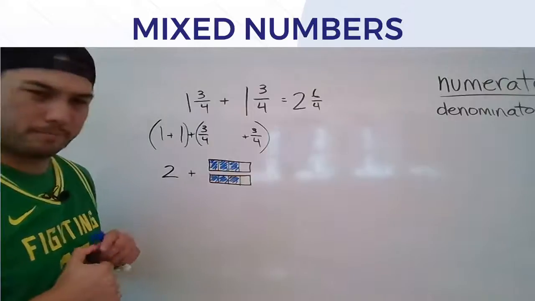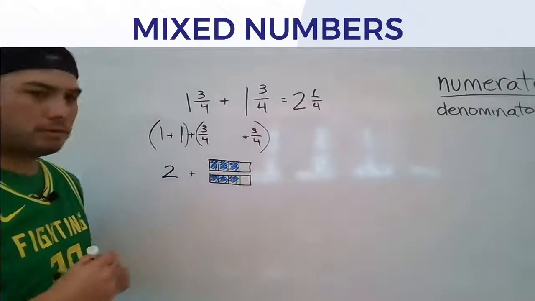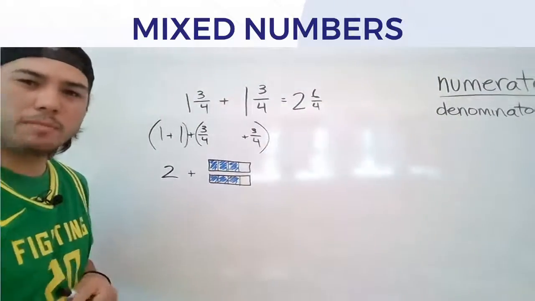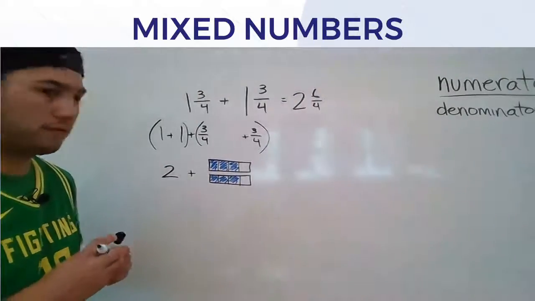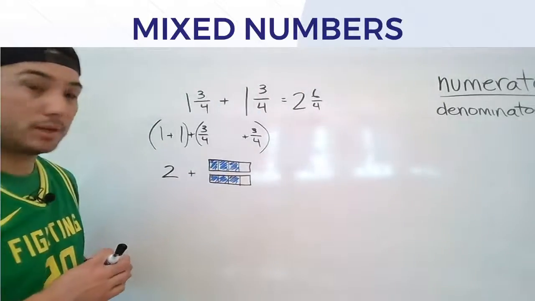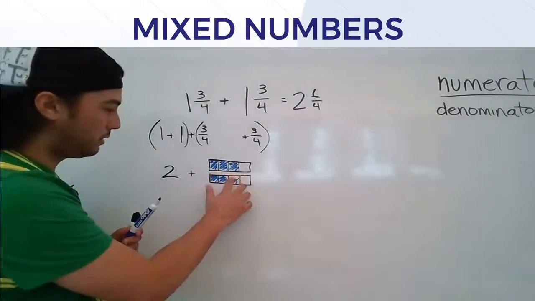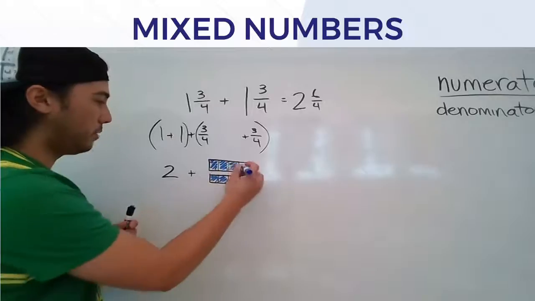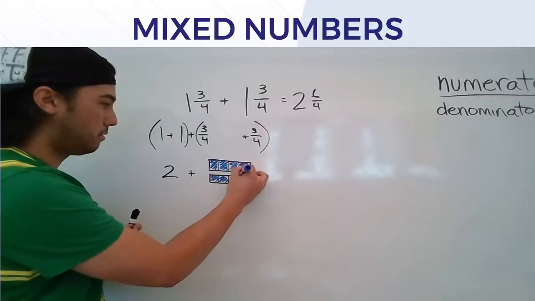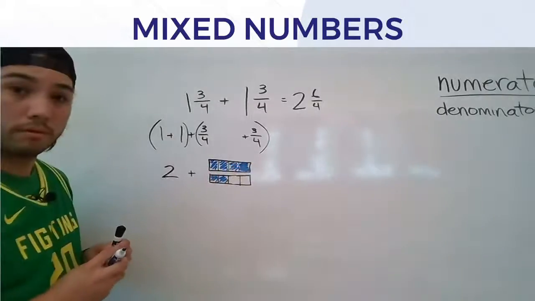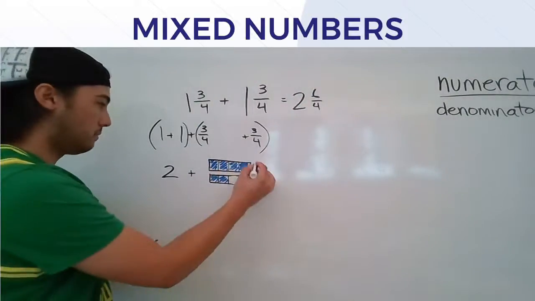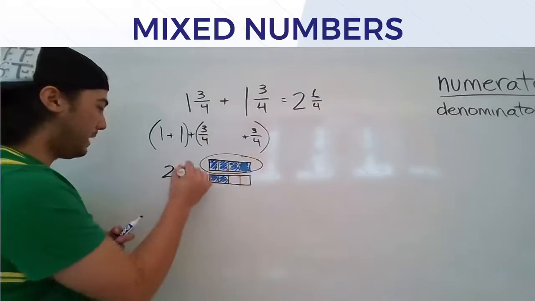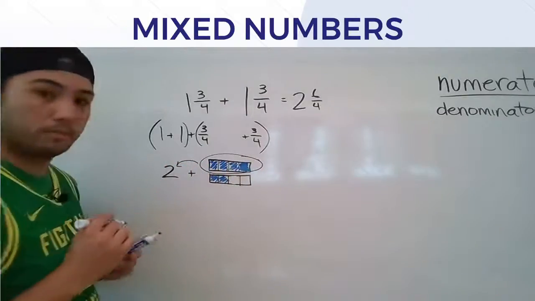Okay? However, let's look at these 2 fraction bars here and think about, can we make a whole number with these 6/4? Yes, we can. If we take one of these fourths, move it up here, now we've got another 1 that we can add to this 2.